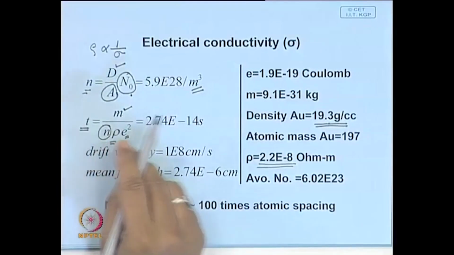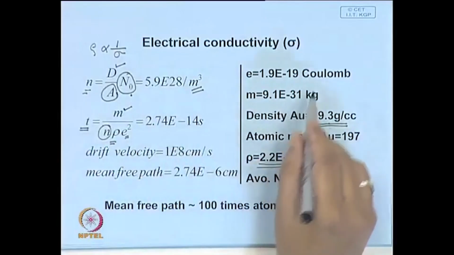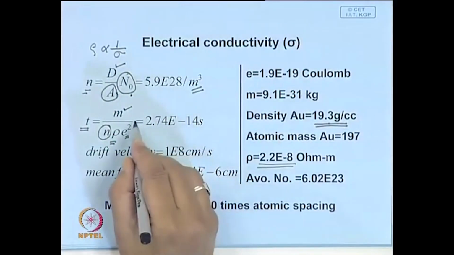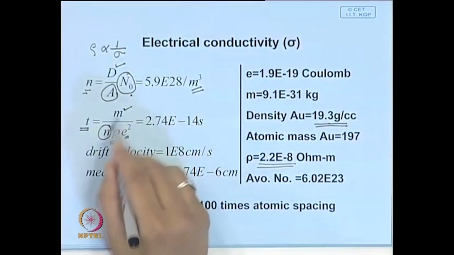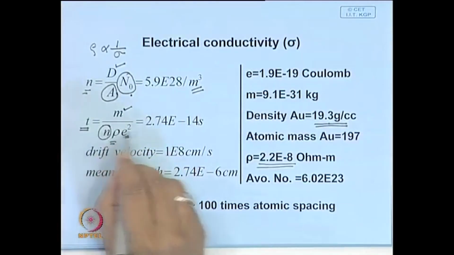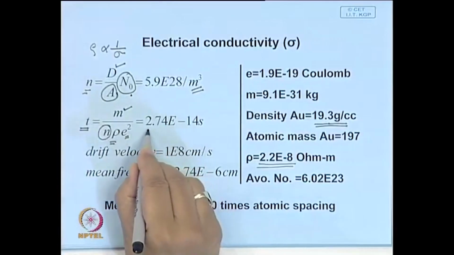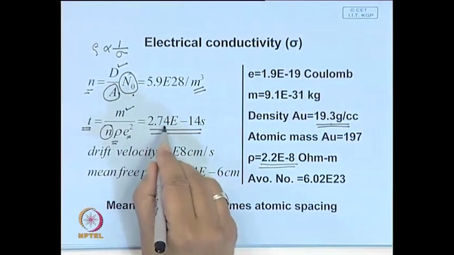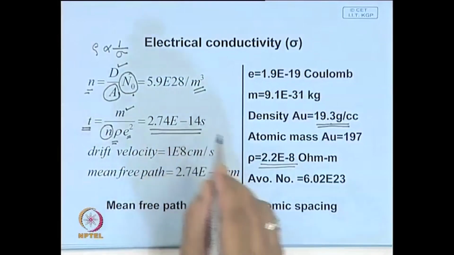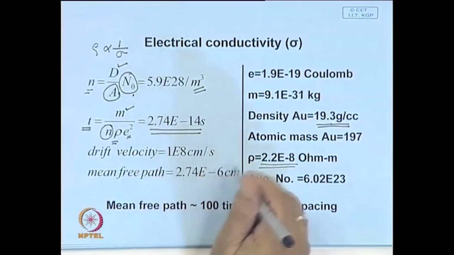One needs to be careful about the units. You should substitute all these constants in consistent units. Once you do this, you get a value of around 2.74 into 10 to the power minus 14 second.